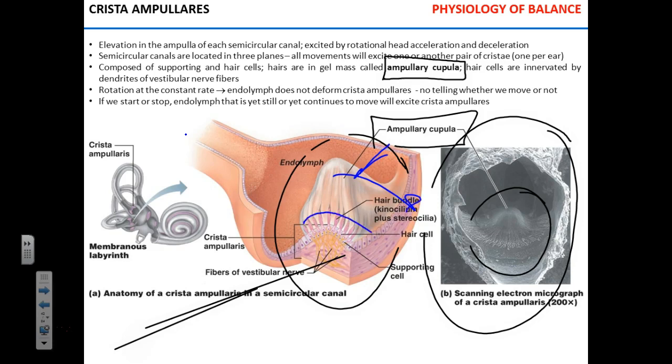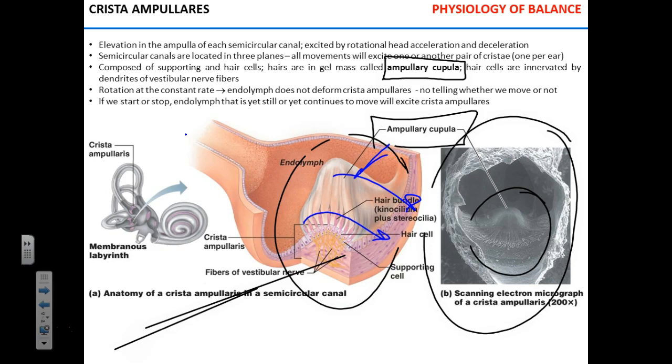It means that the hair cells will bend to the right. Does that make sense? That deflection will either hyperpolarize or depolarize the hair cells, essentially changing the frequency of action potentials. And that change and increase of action potential will be perceived as a signal. Does it make sense?